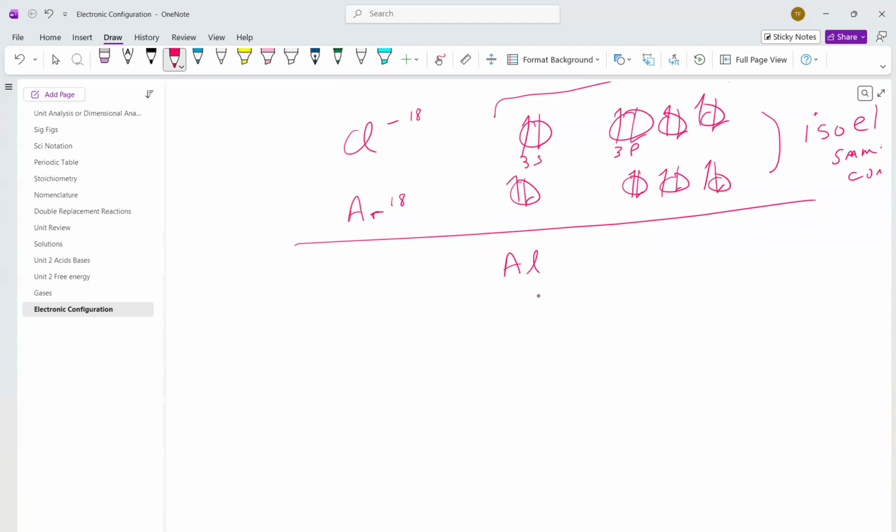I'm not going to do all the core, not the ones and the twos, only the threes.